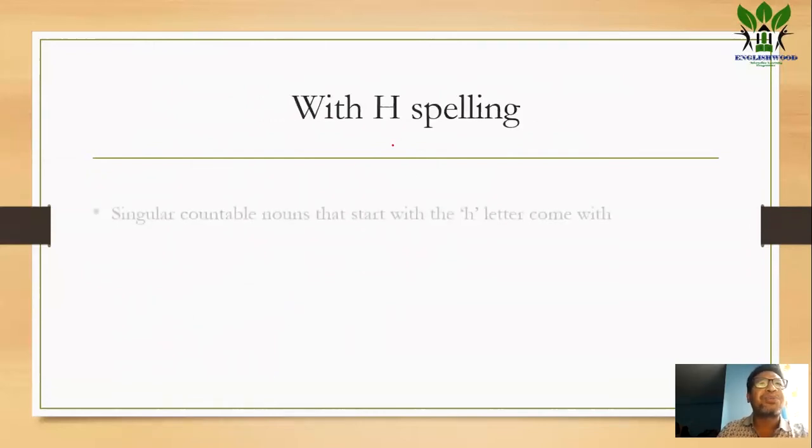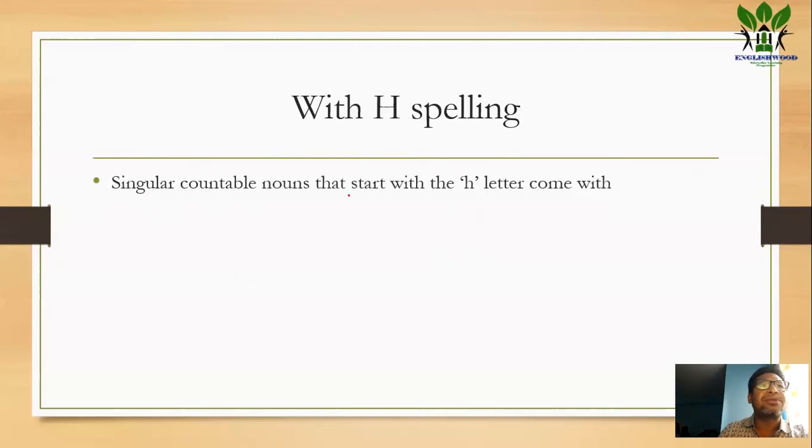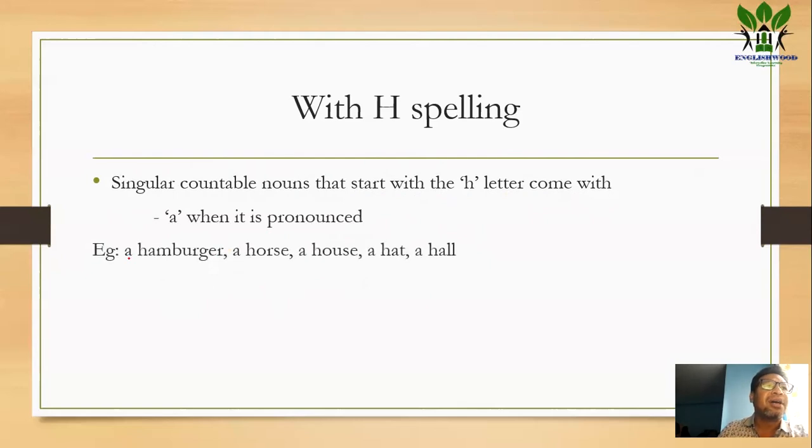With the H spelling, look at this one. Singular countable nouns that start with the letter H come with a when the H is pronounced. For example, a hamburger, a horse, a house, a hat, a hall. But when H is silent, then it comes with an.